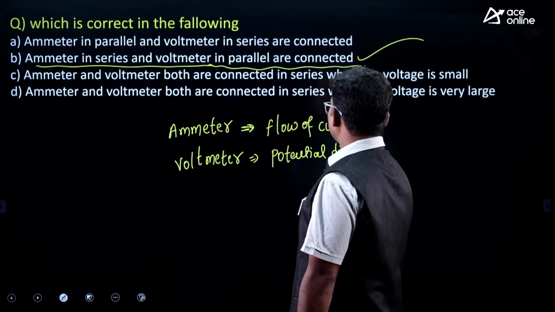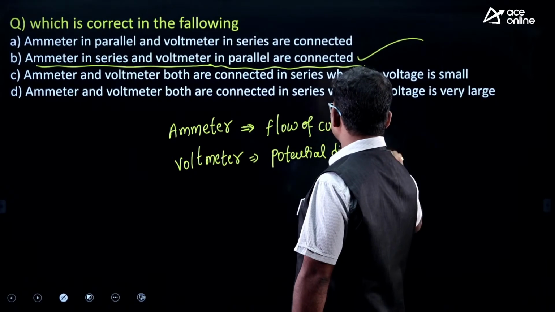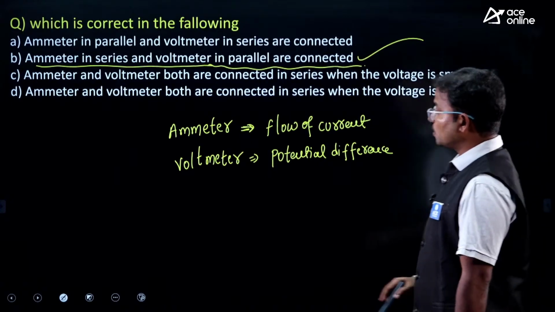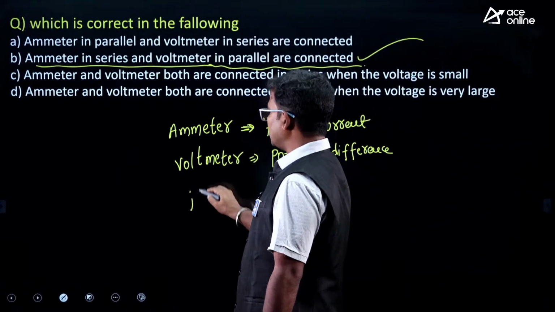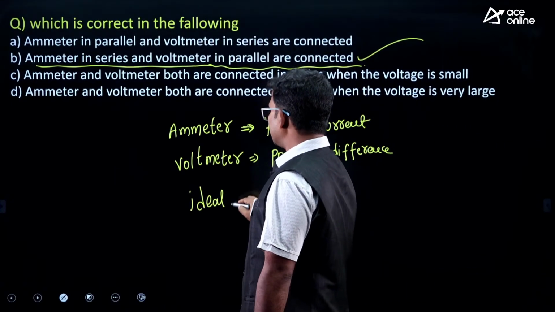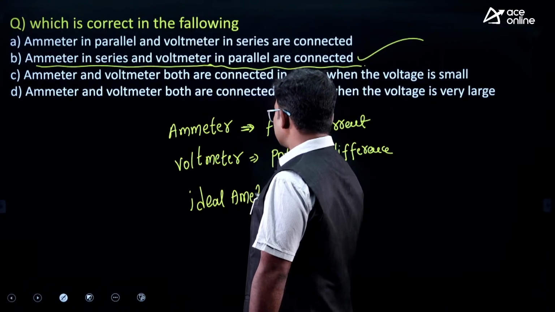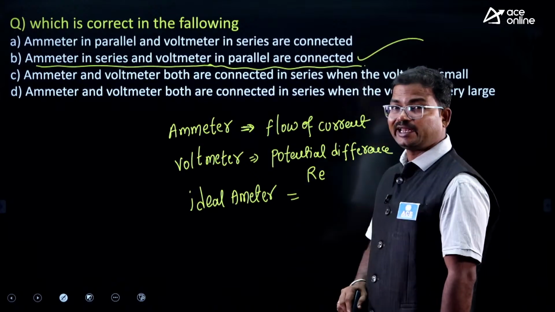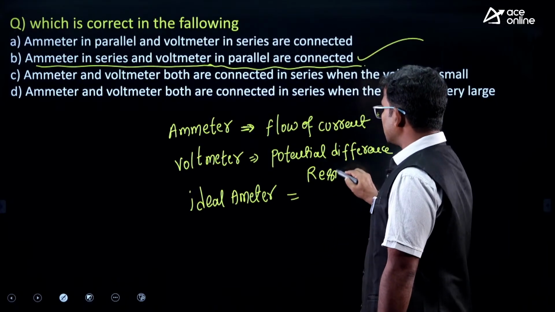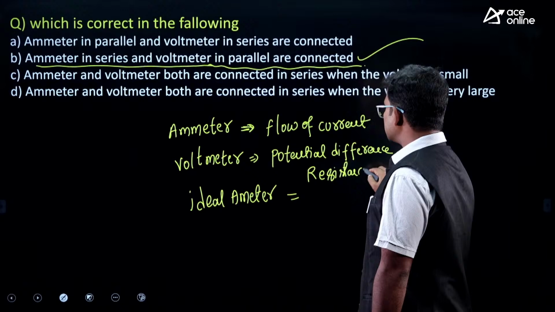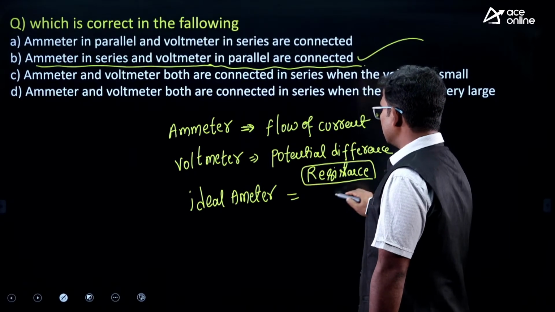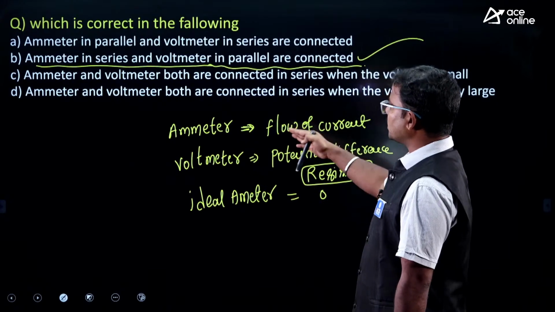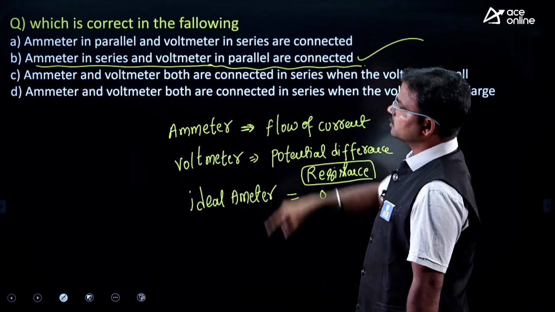Okay, right. So if you consider an ideal ammeter, its resistance is also very important. So what is the resistance of an ideal ammeter? Resistance of an ideal ammeter is always 0.